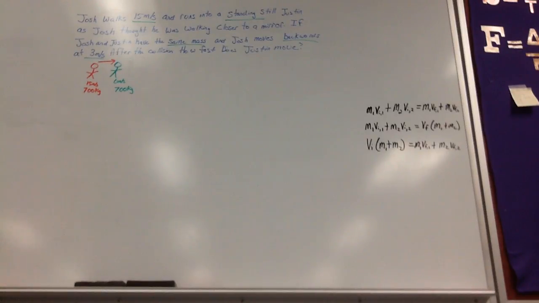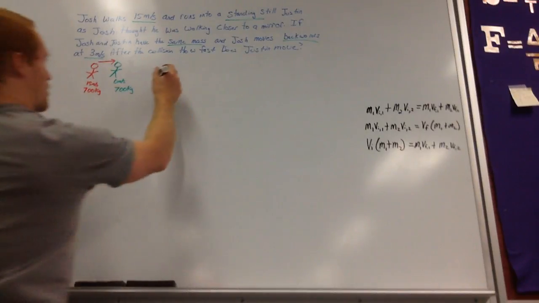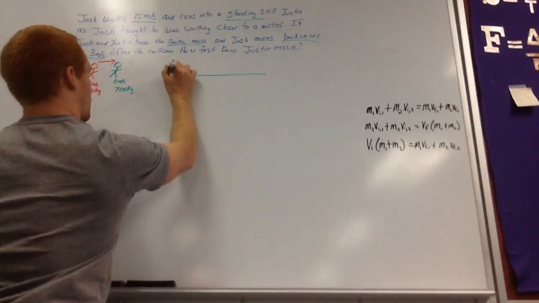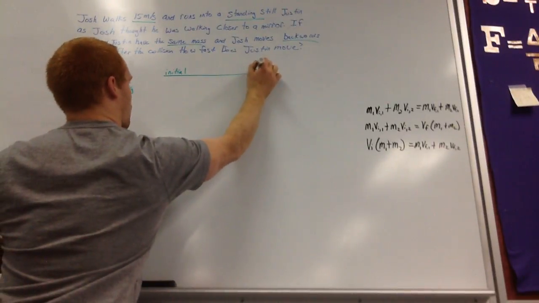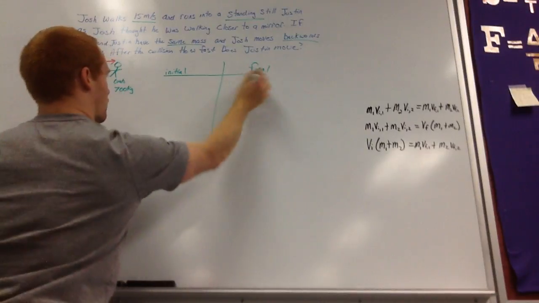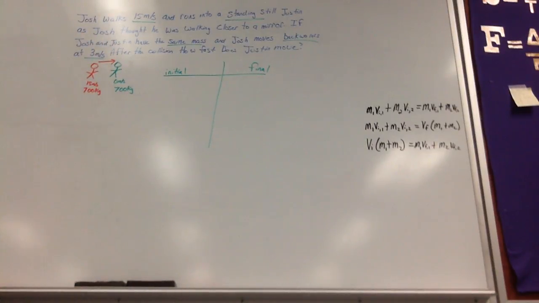And now I'm going to draw our little diagram to help us out. So for our diagram, we're going to have initial, so this is before Josh runs into Justin, and then our final, so this is after Josh doesn't realize he's just running straight into his brother instead of a mirror.